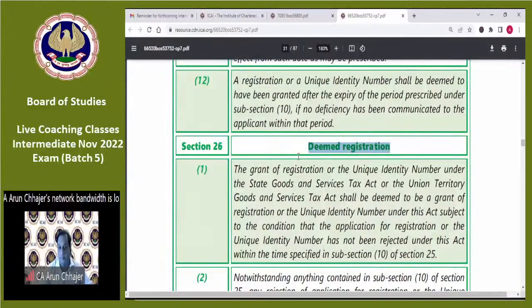The grant of the registration or the UIN under SGST or UTGST shall be deemed to be the grant of the registration or UIN under the Act. So one has taken registration, that will be deemed the registration in all other Acts.